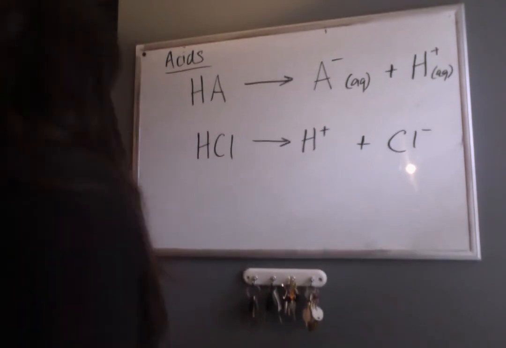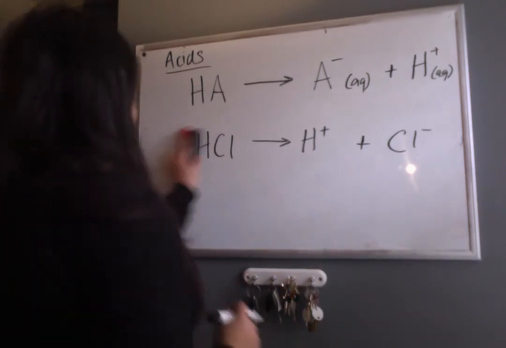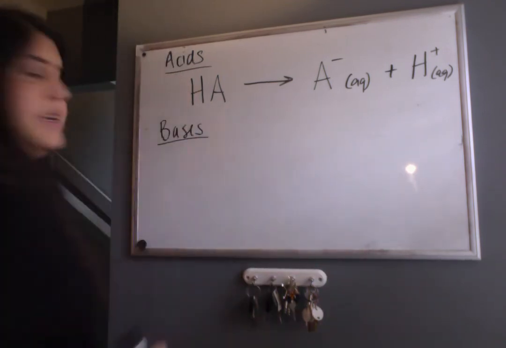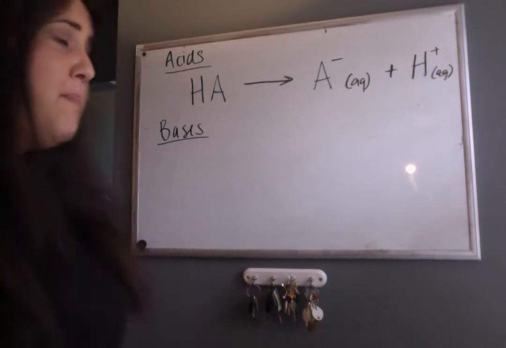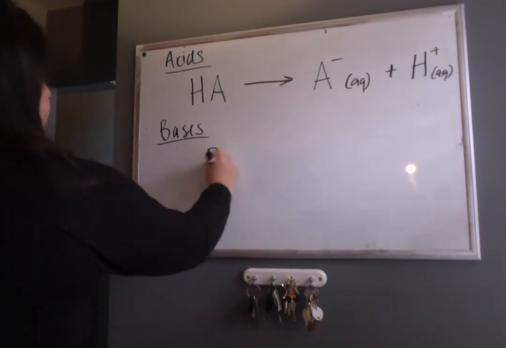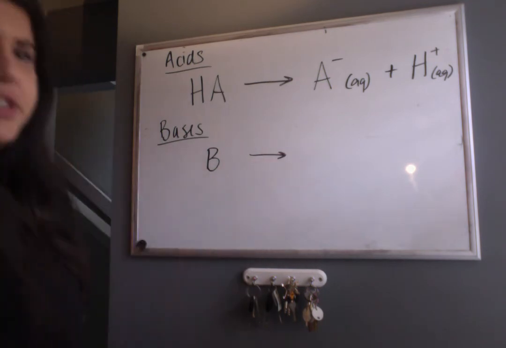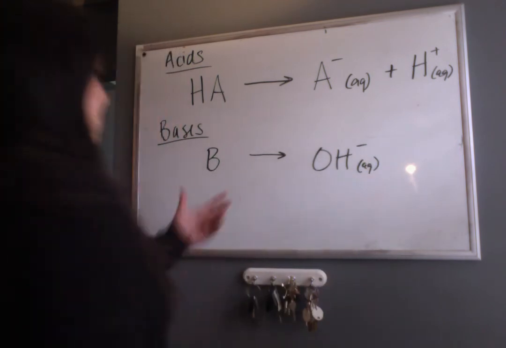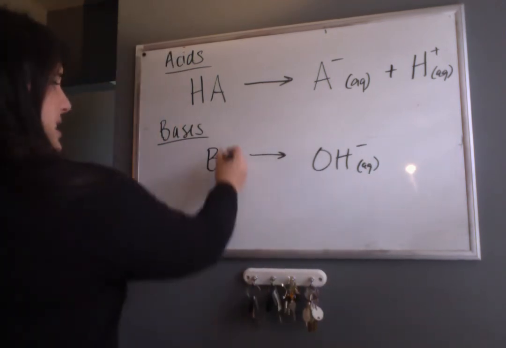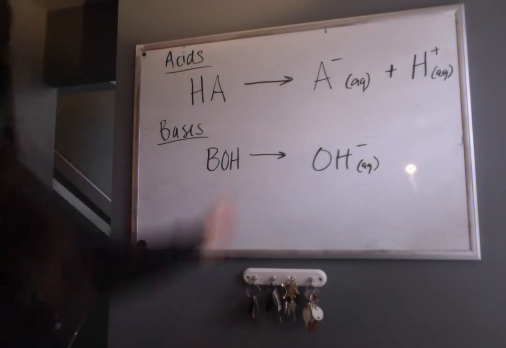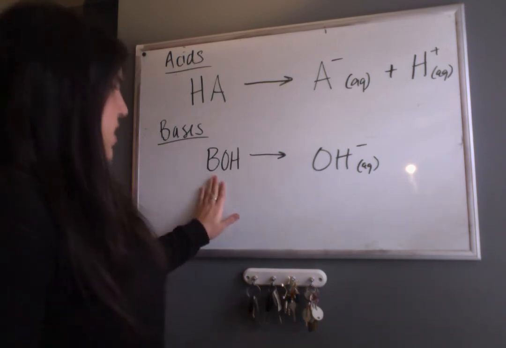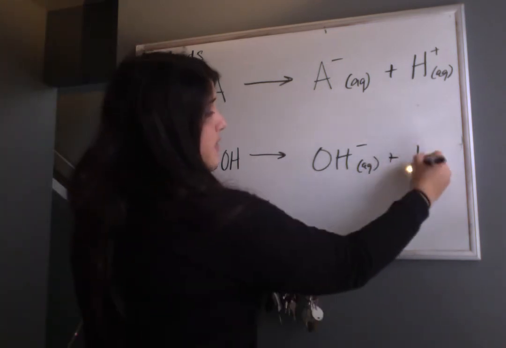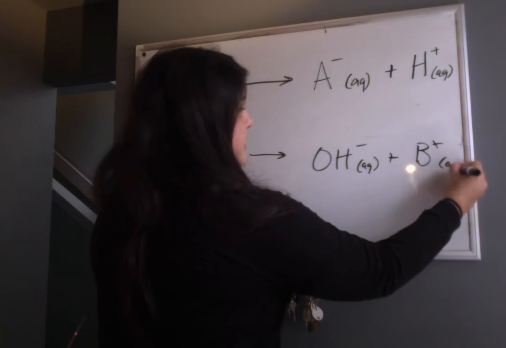Now, bases. When I think of bases, the Arrhenius theory tells me that my bases, instead of breaking apart to form H+, my bases, whatever it is, I'll call it B, is going to break apart to form OH- aqueous. So whatever that is that I have attached, that means that I must have started with hydroxide. So whatever I started with is supposed to break apart to form hydroxide in water, and that means what I've got left over is some B+ aqueous.